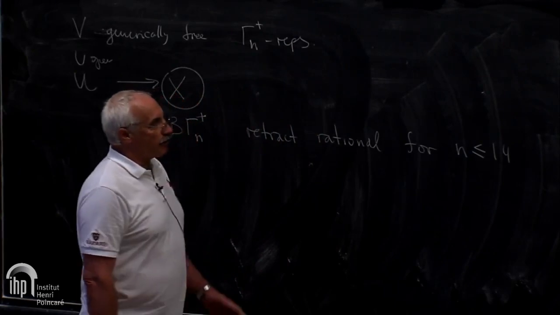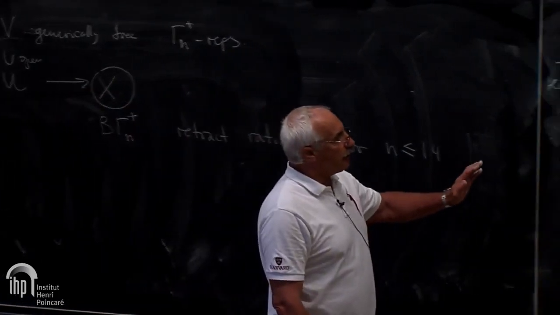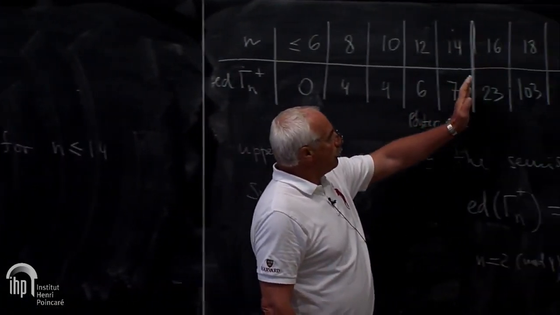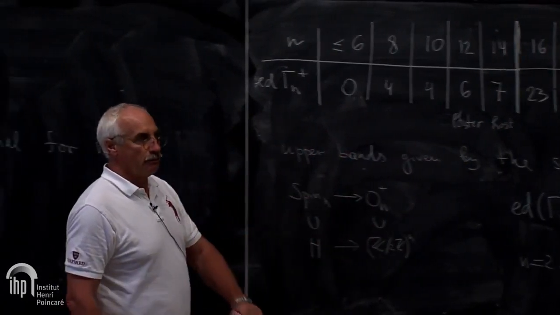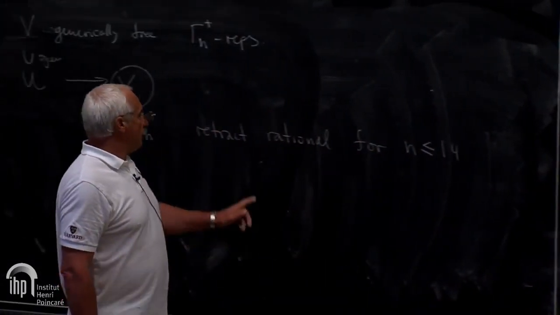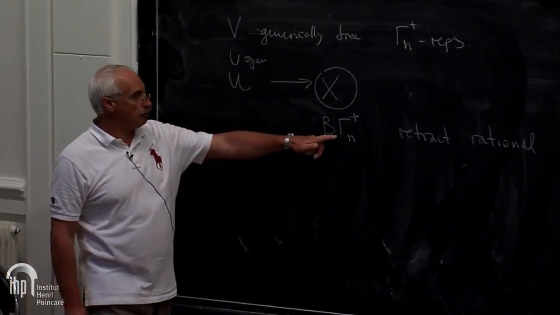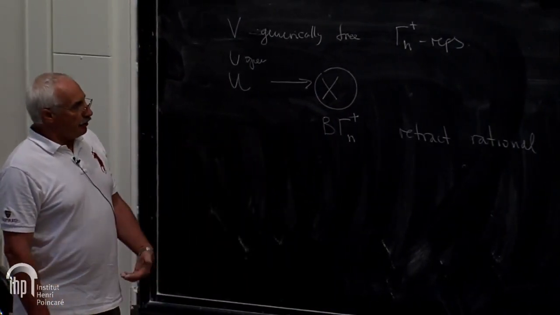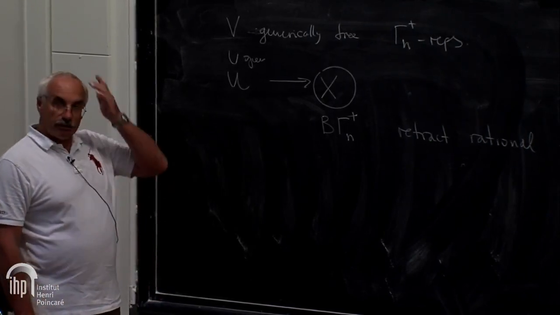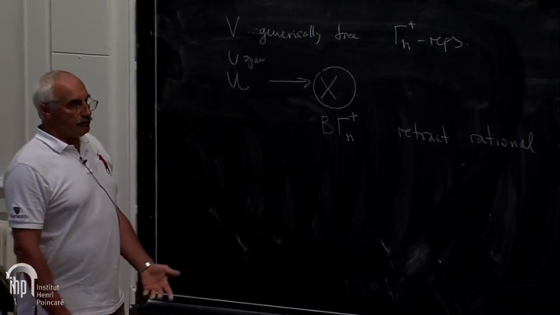And maybe the fact that things become more complicated after this border is related also to the fact that the classifying space of the even Clifford group or spinor group is not retract rational for n starting from 16. But it's a wide open question.